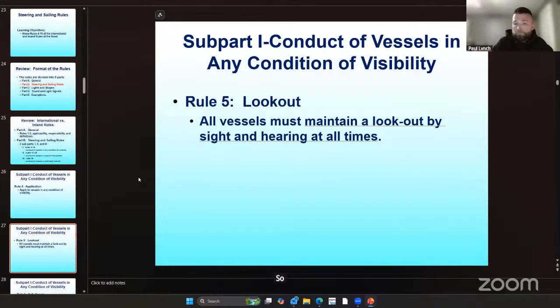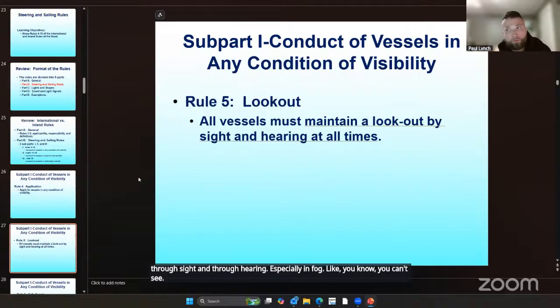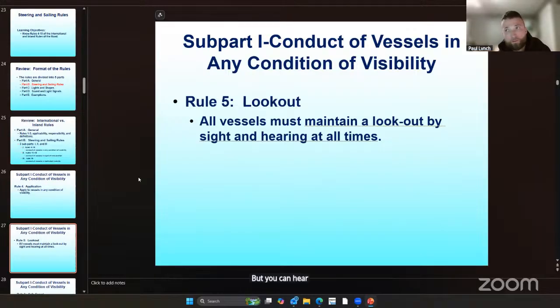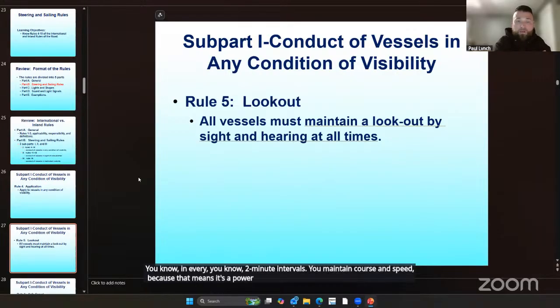So always have to have a proper lookout through sight and through hearing, especially in fog. You can't see, but you can hear. And once we learn the fog signals, if you hear two prolonged blasts in 2-minute intervals, you maintain course and speed, because that means it's a power-driven vessel that's underway, not making way.